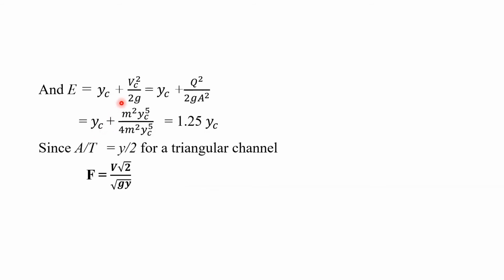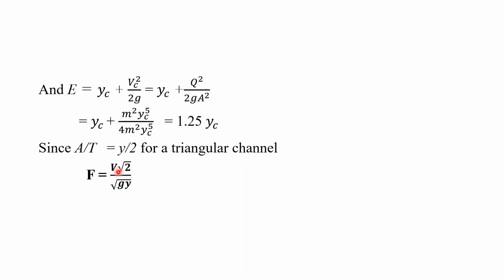E is equal to Yc plus Vc square by 2g, or Yc plus Q square by 2g A square. Putting the value of Q and A, we get E equals Yc plus m square into Yc raised to the power 5 by 4m square Yc raised to the power 5, which finally equals 1.25 into Yc.